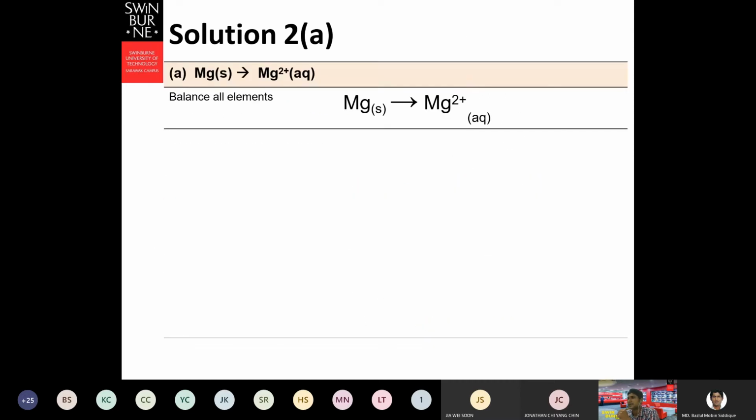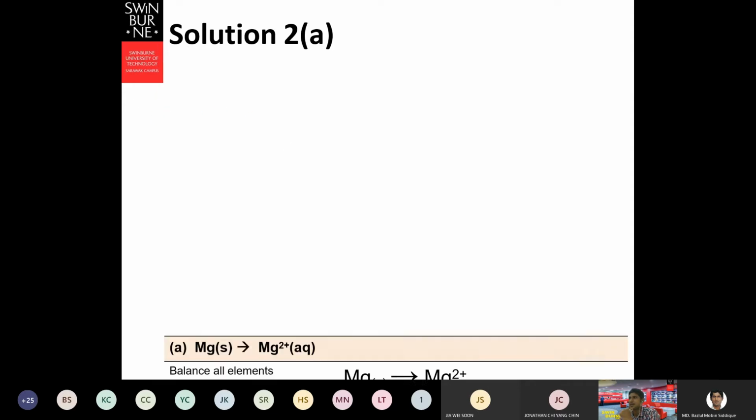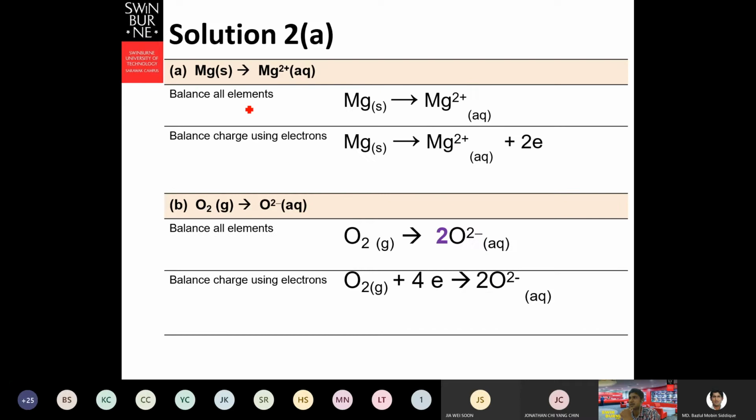For this case, we see that magnesium is producing magnesium 2+. It was 0 at this position and becomes +2 charge.